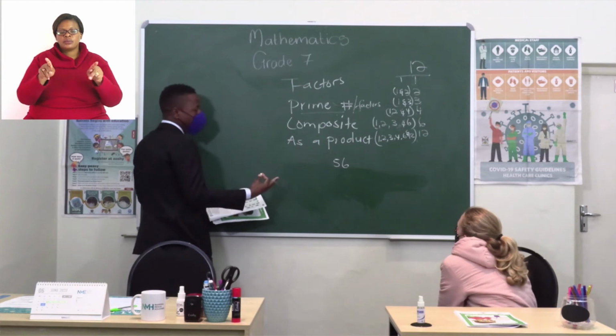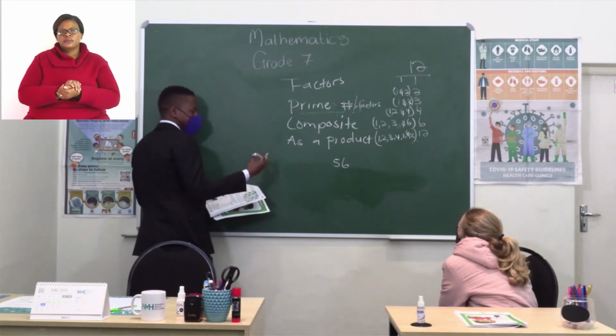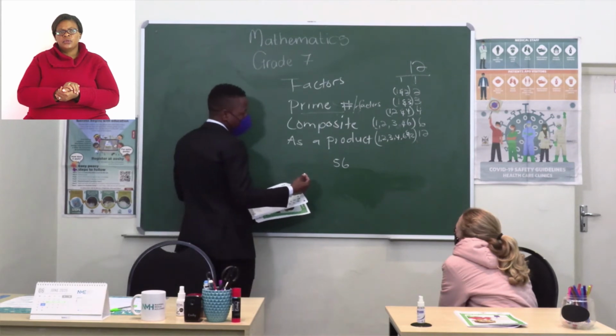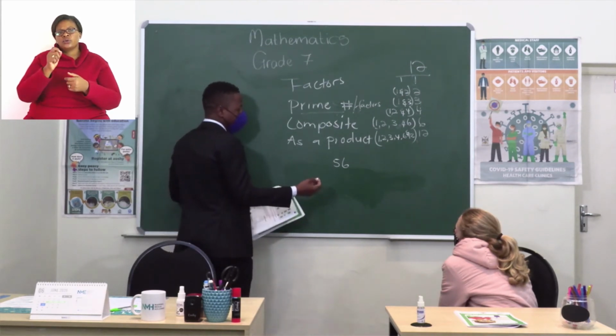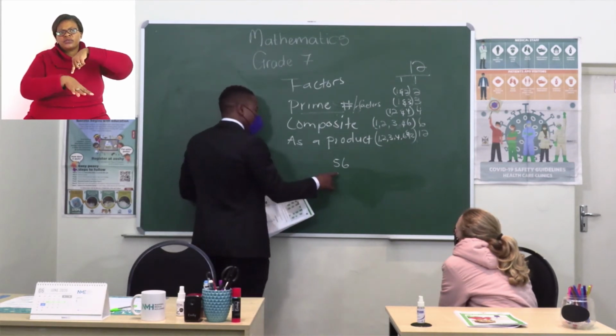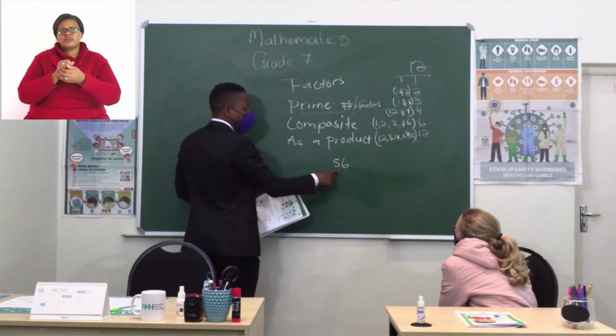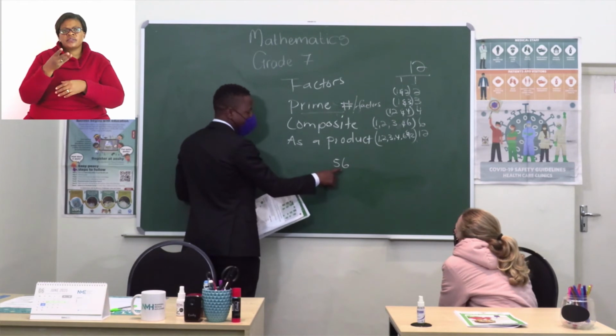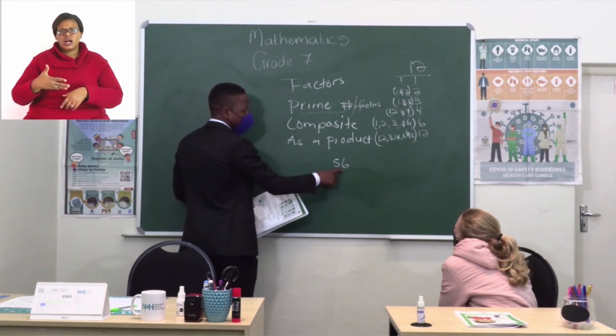We have two methods. One method is called a factor tree, which you need to understand in this way. Our starting point is 56, and then you have to halve 56.